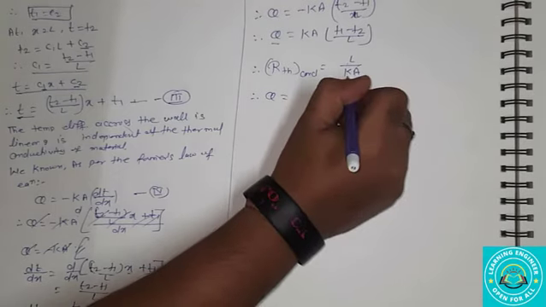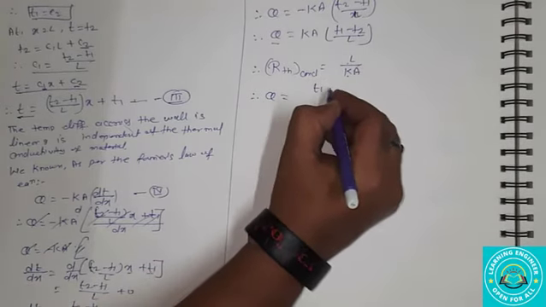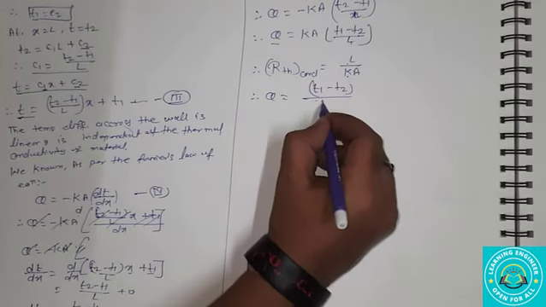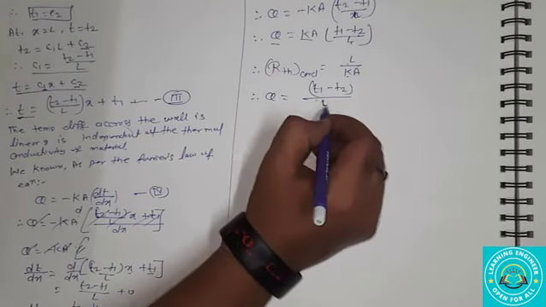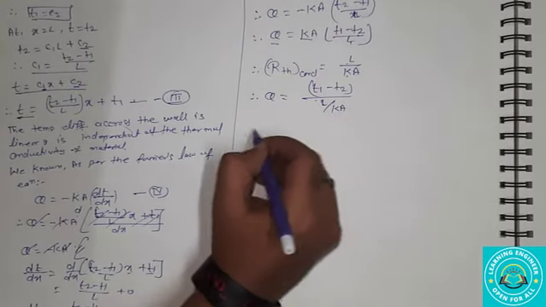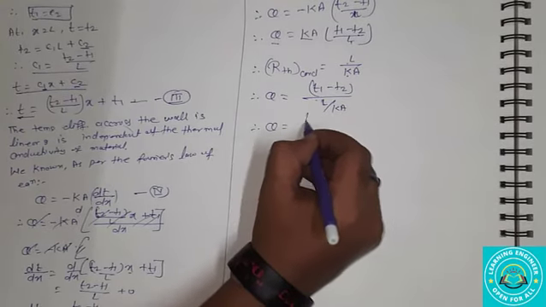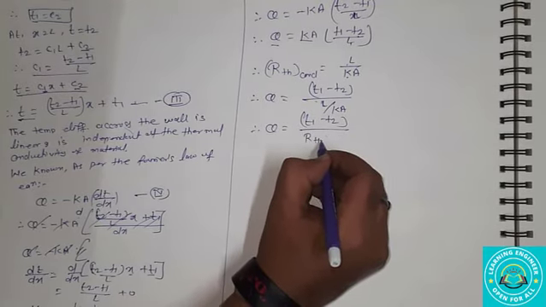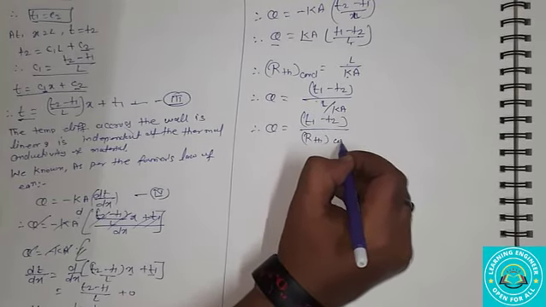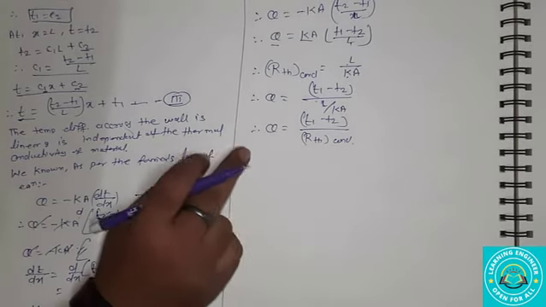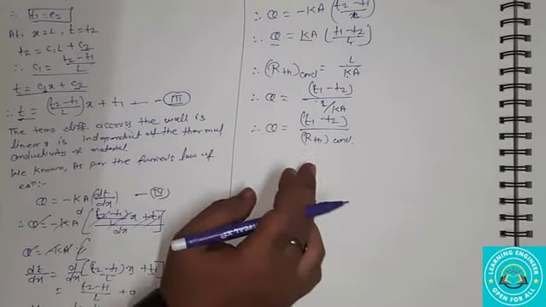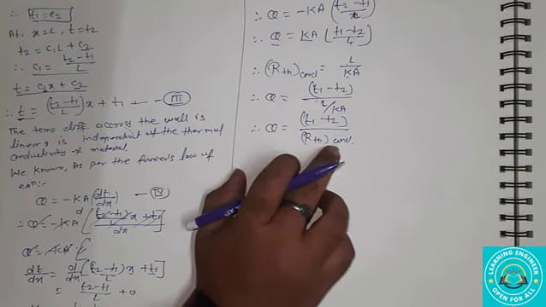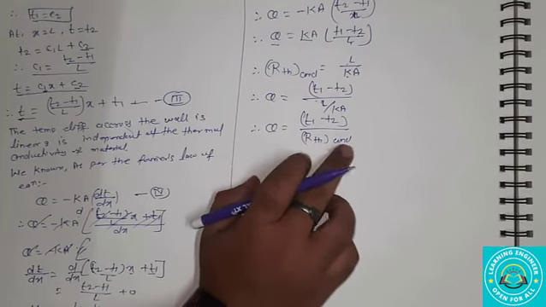L upon K है, therefore can I write T1 minus T2 whole divided by this L. जब भी मैं इसको नीचे लूँगा it becomes K. Therefore Q is equals to T1 minus T2 upon RTH of conduction. So we can say that the heat flowing through a body is equals to T1 minus T2 upon thermal resistance of a body in a conduction.